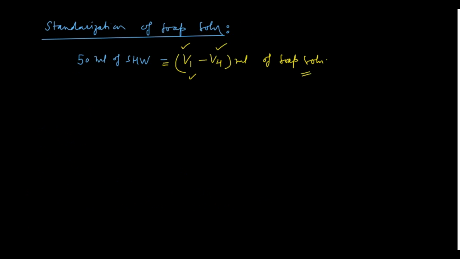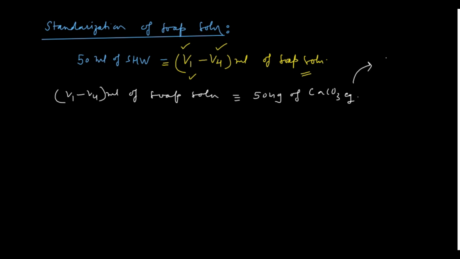So what it implies is that V1 minus V4 ml of soap solution is equivalent to 50 milligram of CaCO3 equivalent. Why 50 milligram of CaCO3? Because this water sample contains 1 gram per liter hardness.